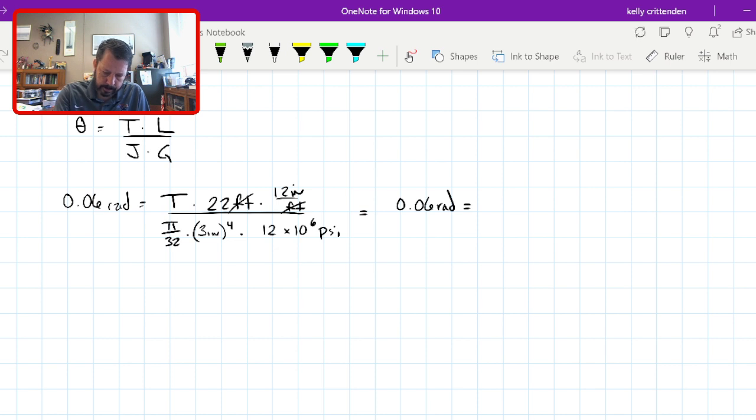So I get 2.767 times 10 to the negative 6 T. Does that seem right? It doesn't seem right. T would be 0.06 divided by that number.